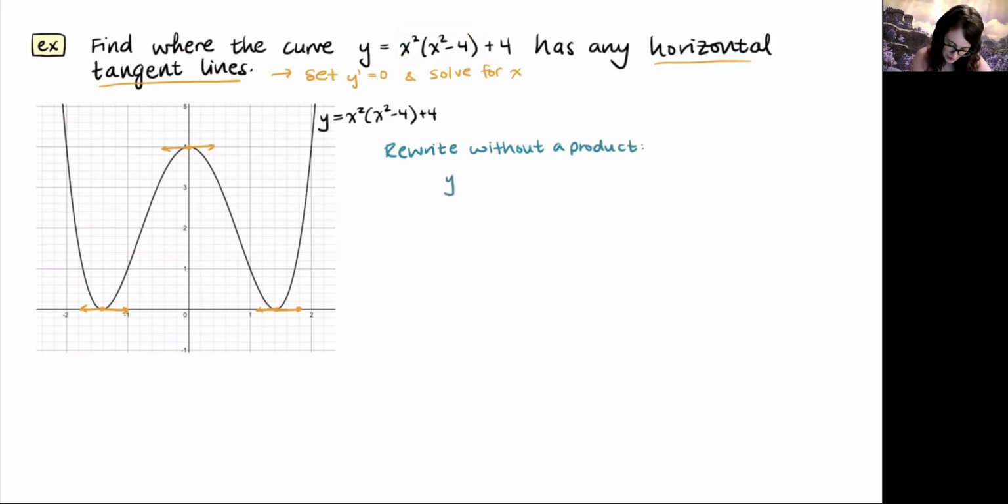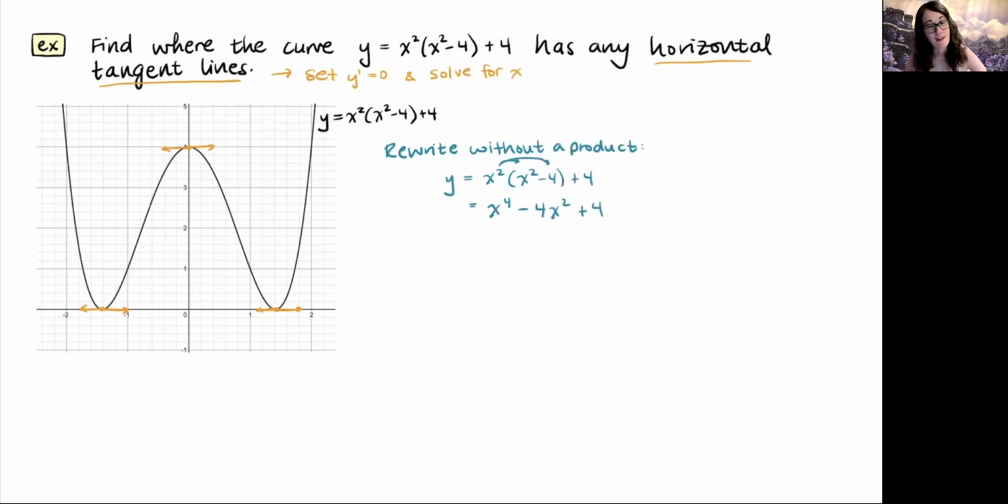So if we have y equals x squared times x squared minus 4 plus 4, we'll just distribute the x squared into here and here. Okay, that'll give us x to the 4th minus 4x squared, and then plus 4. We have successfully rewritten this without a product.